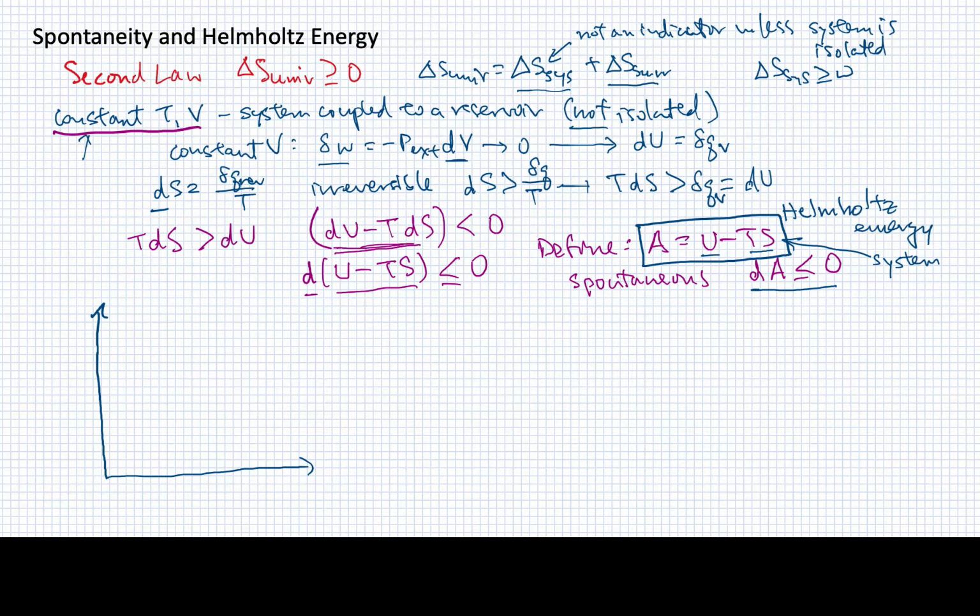Well, if a process is spontaneous, and now I'm talking about the entropy of the universe, it might start down here, and we know that the change in that entropy has to be greater than 0 in order for this to be spontaneous. So it has a net positive slope, and it's going to come up and up and up.